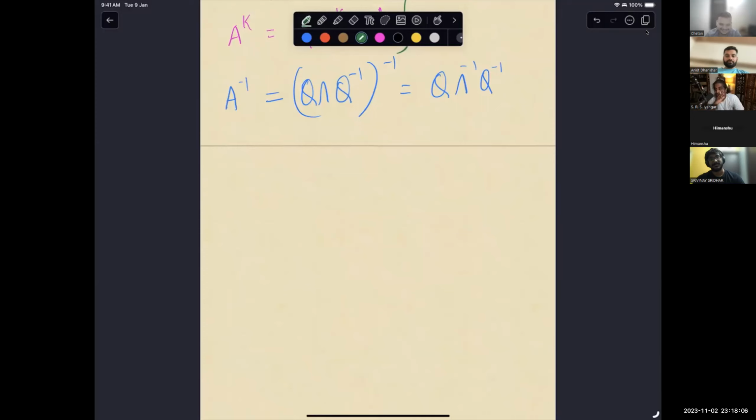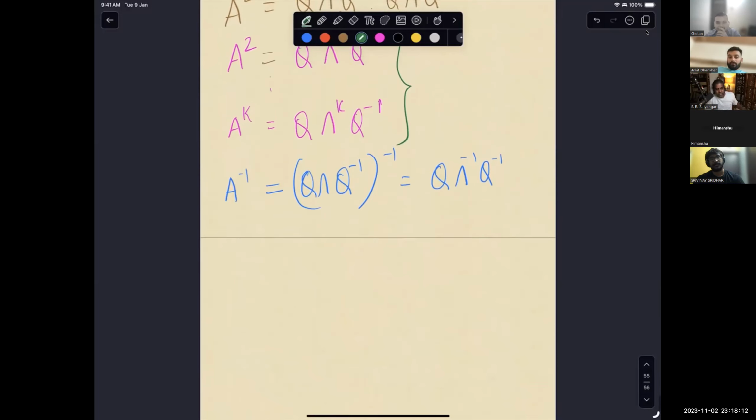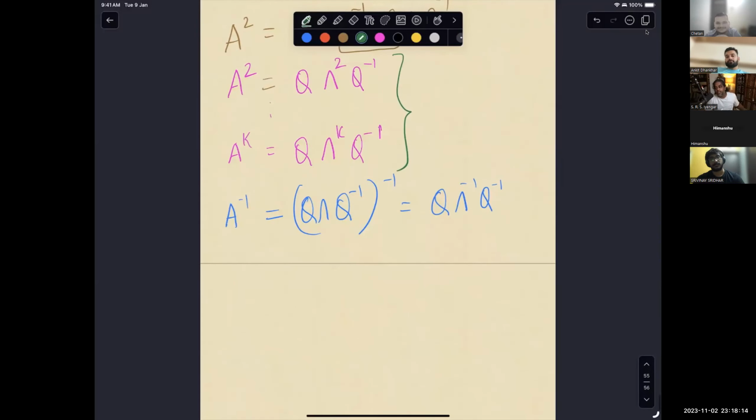So A to the power of K, you can do it the complicated way by stacking all the matrices and multiplying them, or simply writing it as Q lambda Q inverse and simply empowering the middle one. Okay? All this is possible if you know what is Q. How do you find Q?